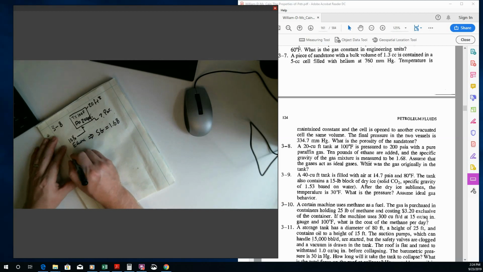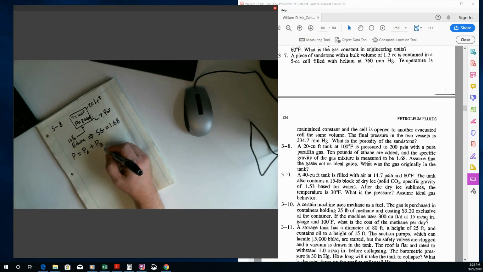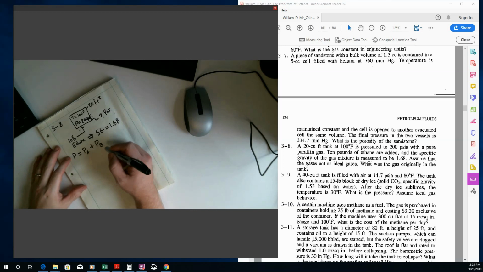So partial pressures. So P equals P of A plus P of B. So one of these is ethane. So we've got to figure out what our partial pressures are.